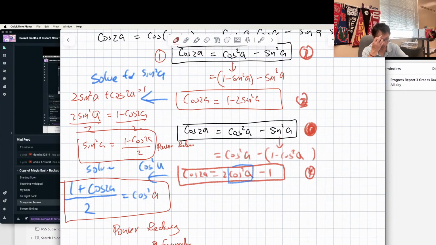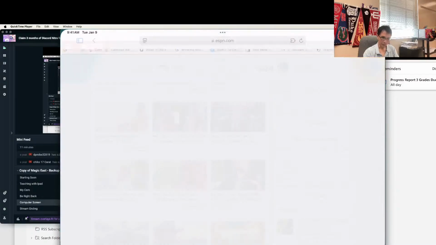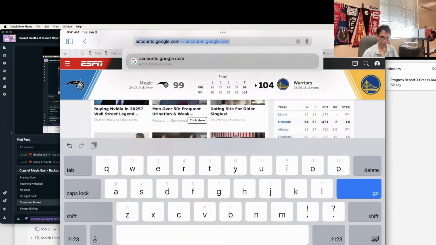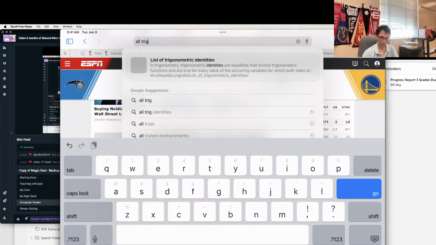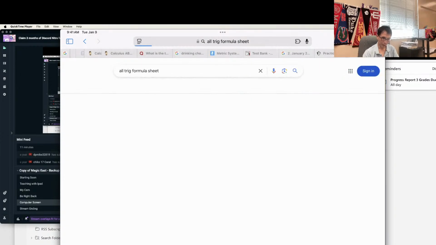Okay, so let's look at all the formulas here. So, all trig formula sheet. If I just look it up here.